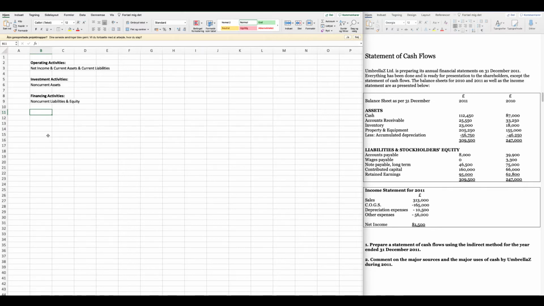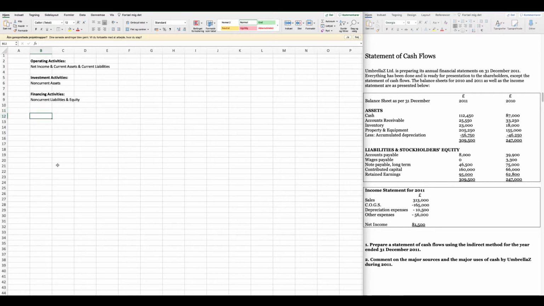The essential thing to note, which I've said a few times here, is that we're looking at changes in current assets, current liabilities, non-current assets, non-current liabilities, and equity. So the way to interpret the cash effect of movements in these is really critical to be able to do a statement of cash flows. Therefore, I'll just briefly state how to interpret the cash changes. Cash changes are observed by looking at changes in the above categories from the balance sheet.